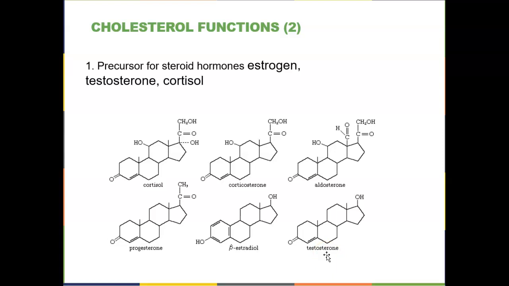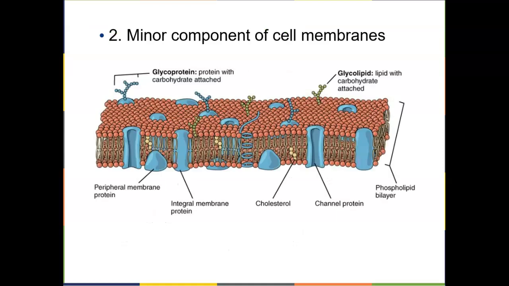But there are also a whole host of other hormones derived from cholesterol that are steroids that have nothing to do with muscle growth. So corticosterone, cortisol, aldosterone, estradiol, estrogen, and progesterone all do not regulate muscle growth. That's just testosterone. But they're all similar to cholesterol. So your body starts with cholesterol, modifies it, and this is how it makes all of your different steroid hormones.